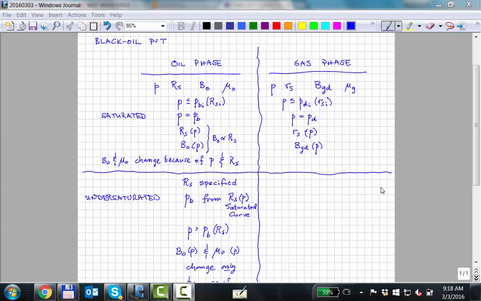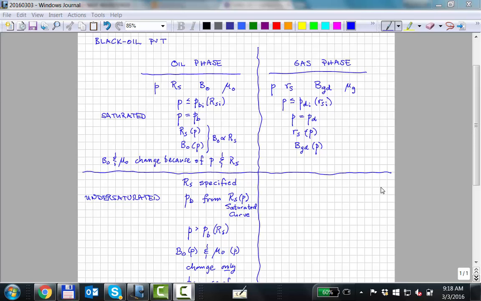Okay? And the idea is that you have an oil and gas either by itself, or together. If gas and oil are together at any point in the system, then they're saturated. If gas is by itself somewhere in the system, it's very likely undersaturated, although it could be at its dew point, right?